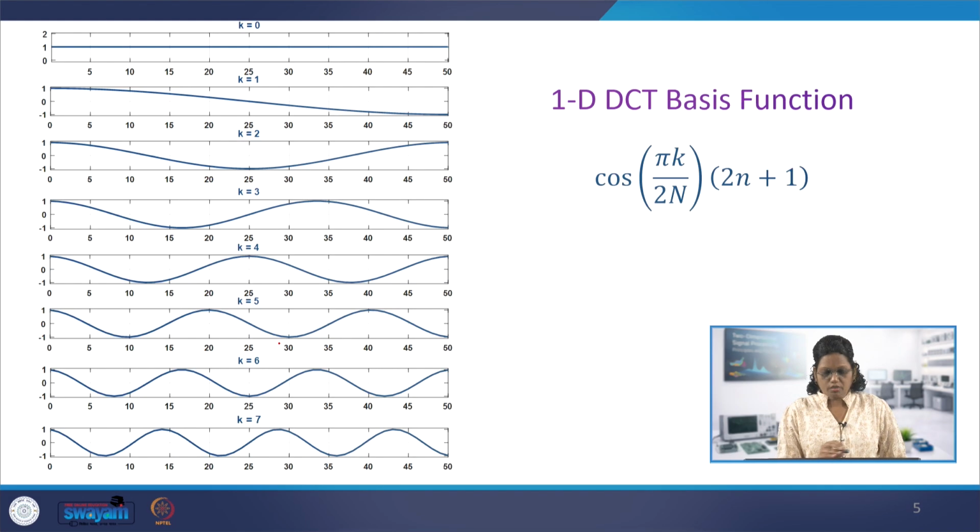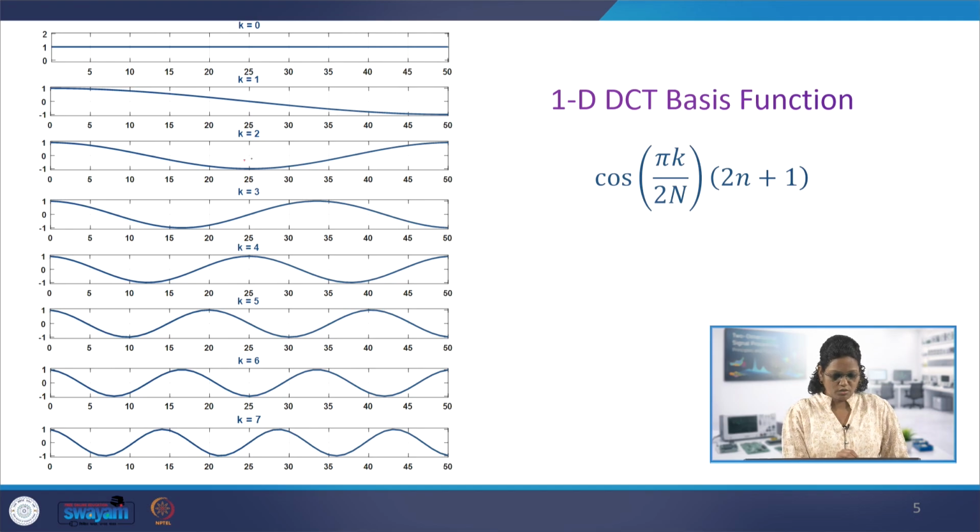As we plot this DCT basis function, k equal to 0 gives the value 1 for 0 to 50. For k equal to 1, this gives a half cycle of the cosine function, whereas k equal to 2 gives the full cycle. If you recall, this same thing was mentioned in one of the lectures as well.